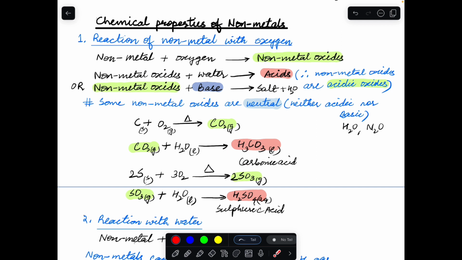While your metal oxides are basic, they will dissolve in water to form hydroxides, which are bases. Next, sulfur will burn in excess of air to give you sulfur trioxide, and this sulfur trioxide will dissolve in water to give you sulfuric acid. So these two reactions are confirmation that non-metal oxides are acidic oxides.